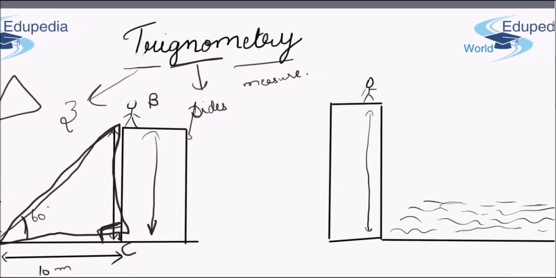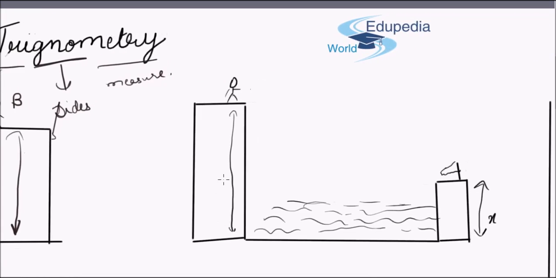Consider another practical example. A person is standing again on the rooftop. A temple, a religious monument, is located at some point P, and there is a river in between them.